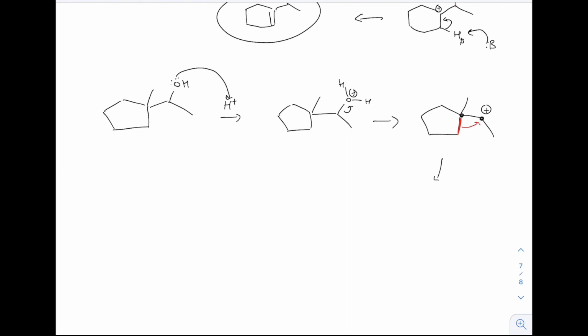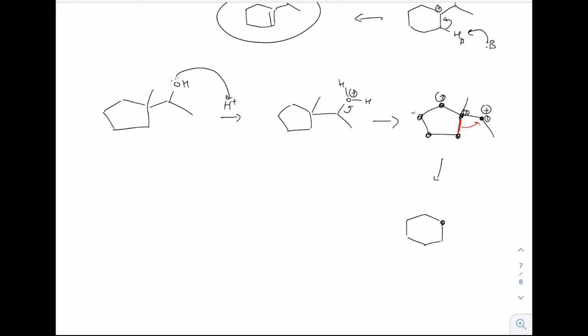This type of question would probably just ask you to draw the mechanism of this sequence rather than predict all the products, but maybe we could ask that because I'm introducing it to you, so you have to know that it's a possible option.